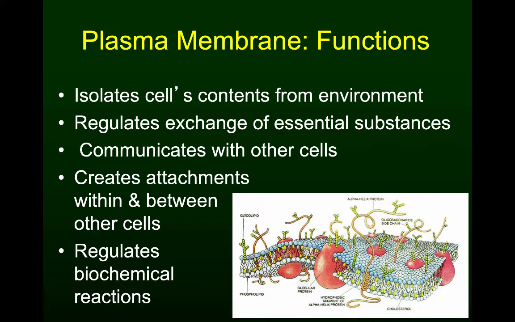Now, one of the things I really want you to look at on this slide and think about is the fact that structure and support are not part of what the plasma membrane does to support a cell. The plasma membrane is somewhat fluid. It's liquidy. It does not have a really firm, durable physical structure. It's really good at allowing things to come in and go out, but what it doesn't do is provide a shape to the cell.